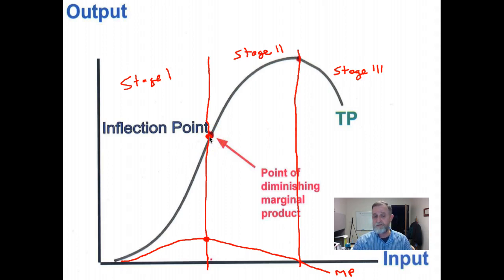So what that tells us is that the only place we want to operate, if we're rational, is right between these two lines here. So if we were to draw a line like that, this is the area where a rational producer will actually apply fertilizer.